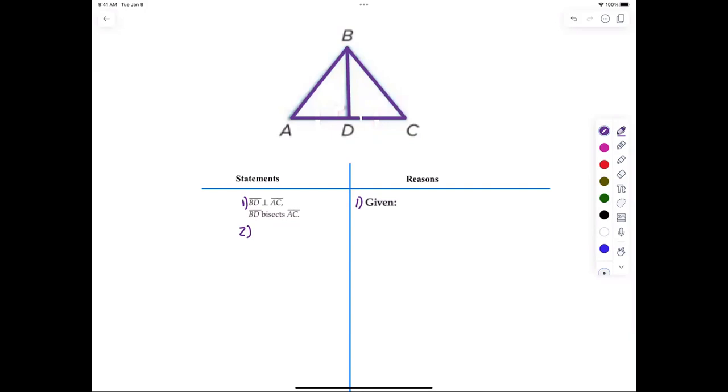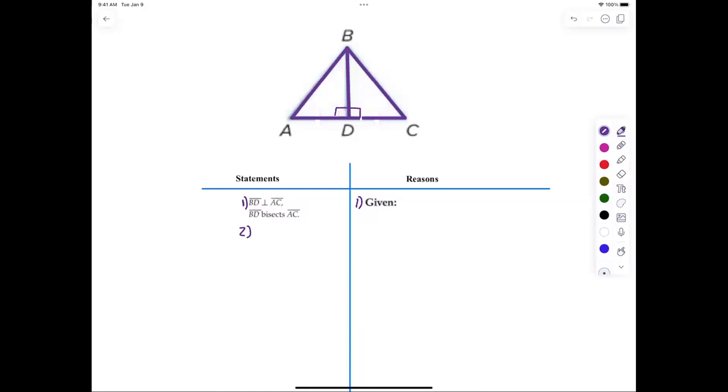So that means that you could now tell me that ADB and CDB are what? No, you don't say they're congruent. No, we're doing perpendicular first. Why is ADB and CDB right angles?